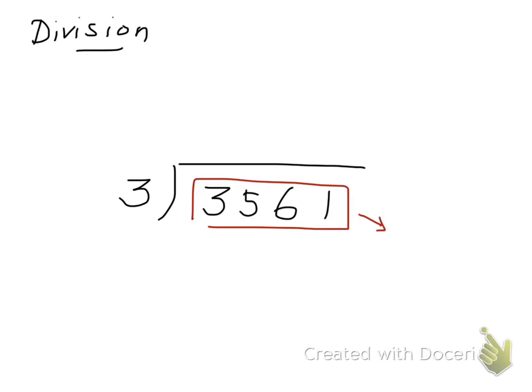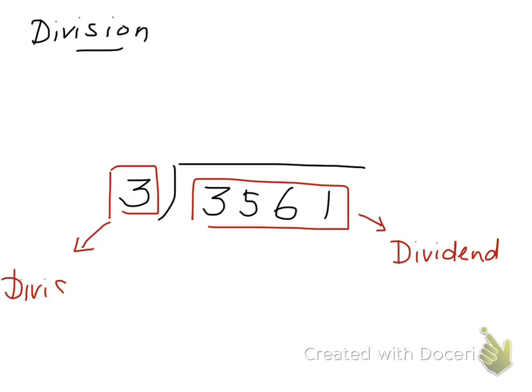What is this number called? Okay, this is called the dividend. What is this called? This is called the divisor. Okay, let's try and do that. So this is 1. 3 times 11 is 33.